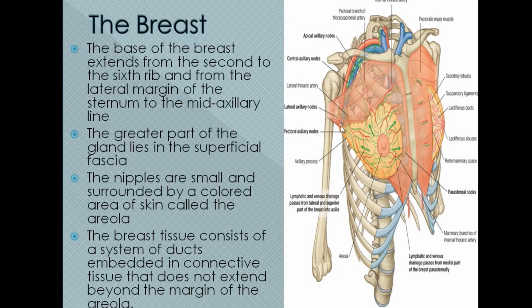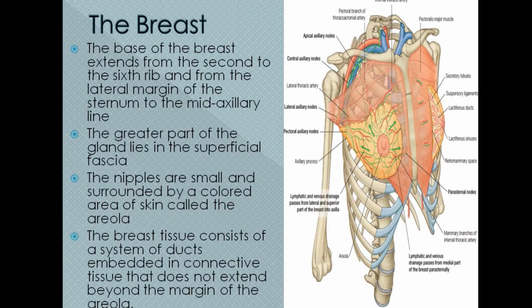A small part of the breast tissue pierces the deep fascia of the anterior chest wall and lies into the deep fascia near the pectoral wall. That is called the axillary tail, but we will discuss it later on.